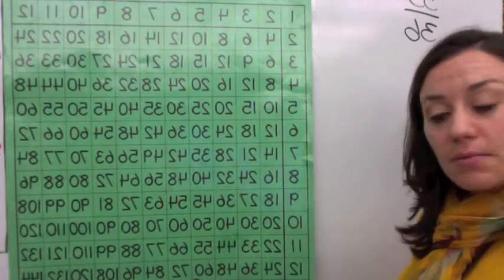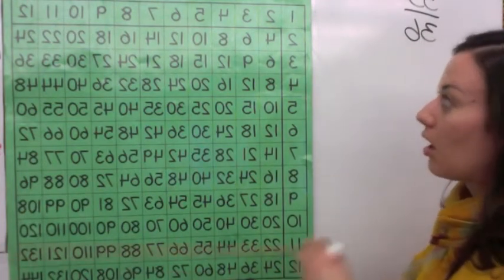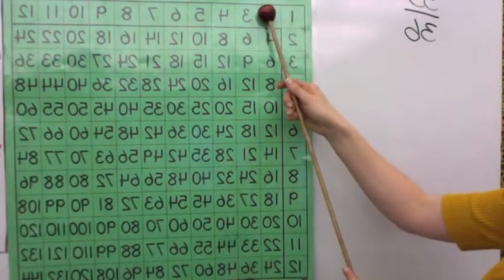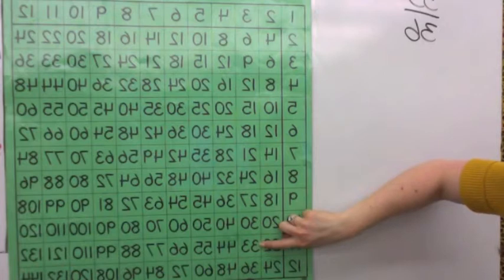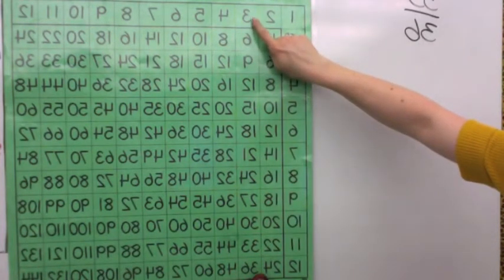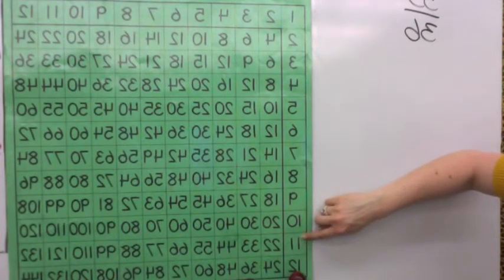Look towards the bottom. You see it anywhere? What about column 3? Go all the way down. What do you see? Do you see 33? Do you see 36? Very good. If you divided by the factor of 3, you would get what as your new fraction?